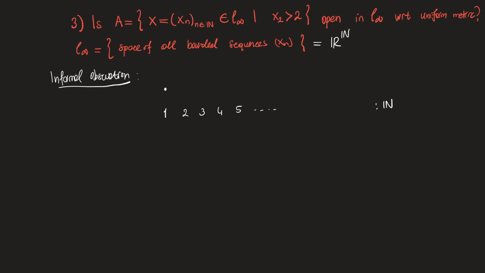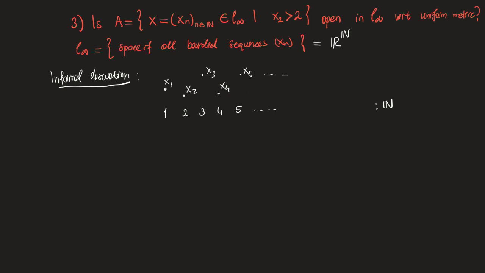For example, this is my x1, this is my x2, this is my x3. Since this is a bounded sequence, each point is defined, so they are just real numbers. I can just put them, for finitely many numbers, for example x5, etc. So I will have a bunch of points.